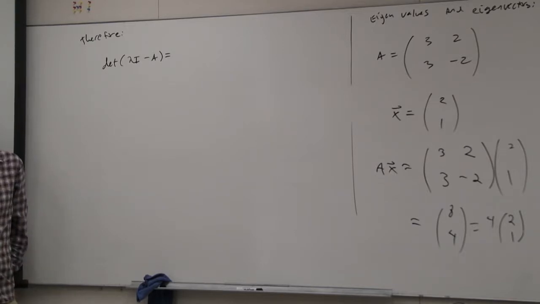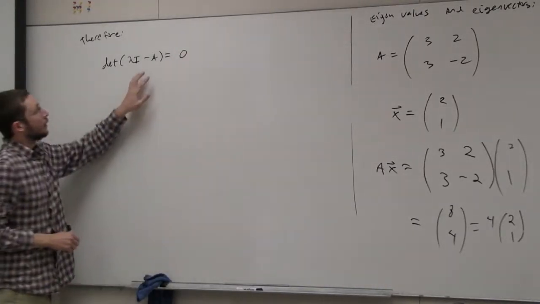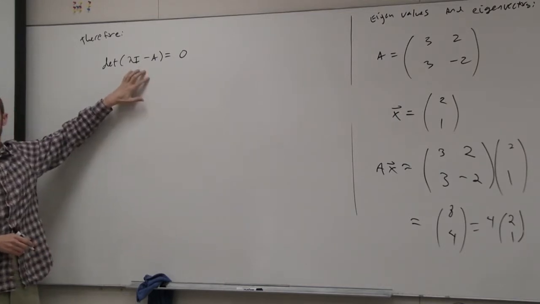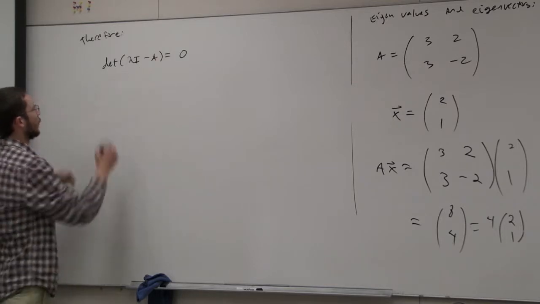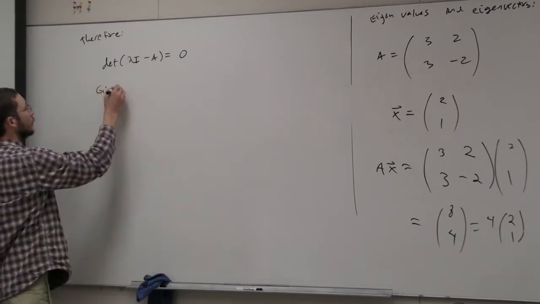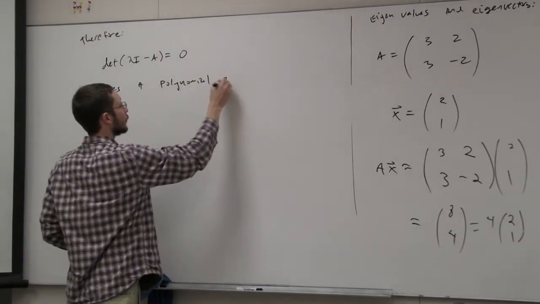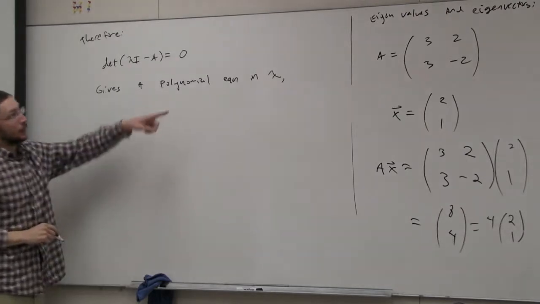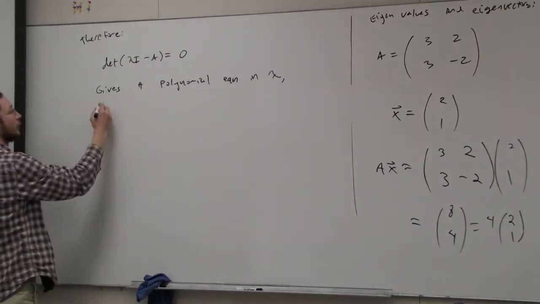Some non-zero value? It's 0. Yeah, the determinant of a singular matrix is 0. And so what that gives us is a polynomial that we can then solve for lambda. So this is going to give us a polynomial equation in variable lambda. And in solving for lambda, that'll give us eigenvalues.